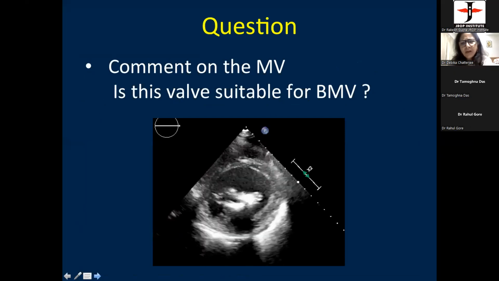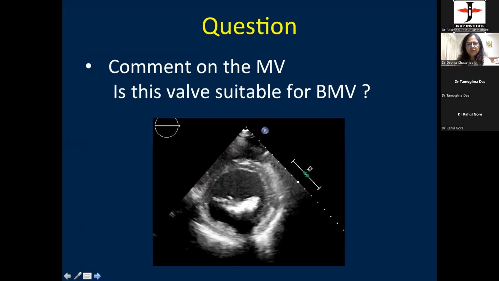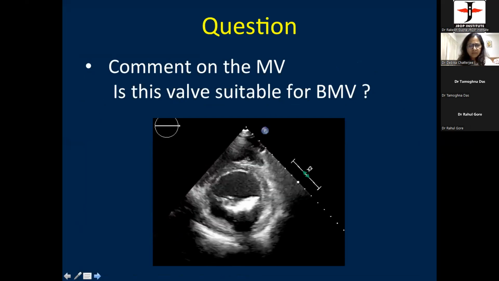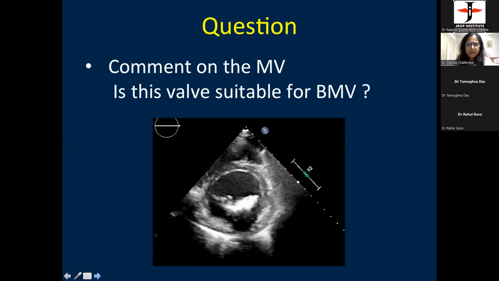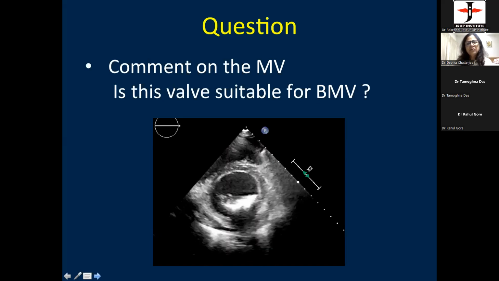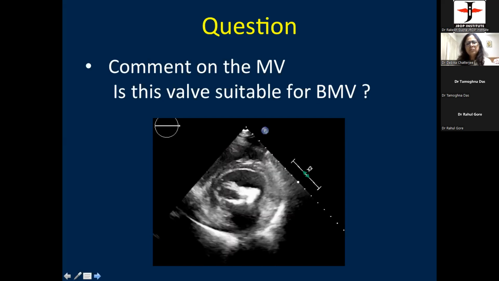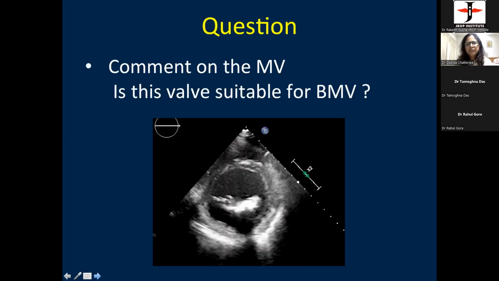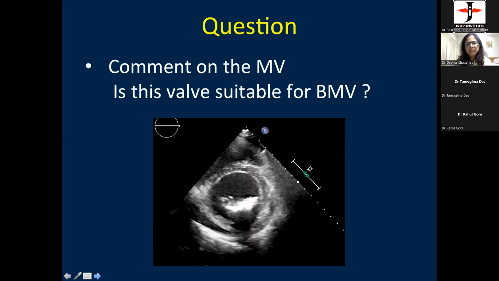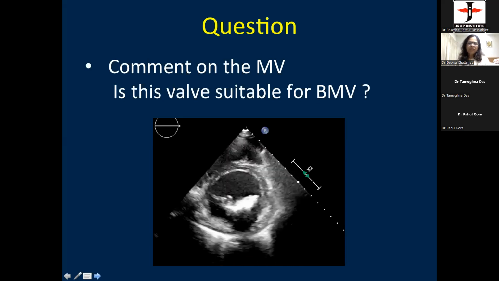Comment on the mitral valve. Ma'am, this is a short axis view. You must say parasternal short axis view. Parasternal short axis view, ma'am. At the level of the tips of the leaflet, they are thickened, they are not opening up well. The area is reduced, so it is severe MS. We need to measure the area and the pressure half-time to comment on that.